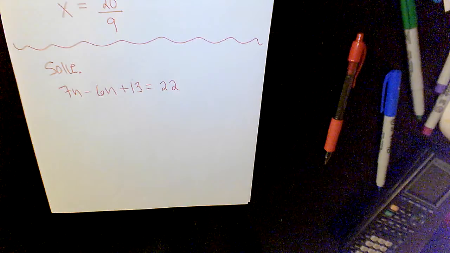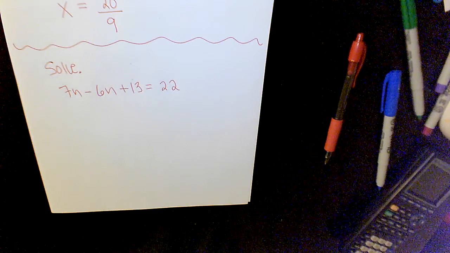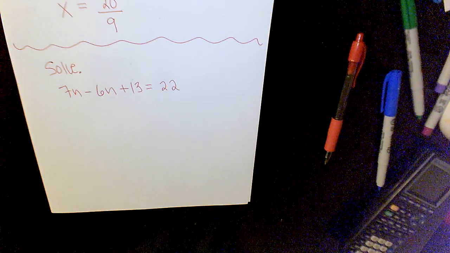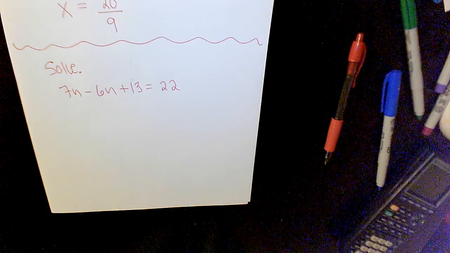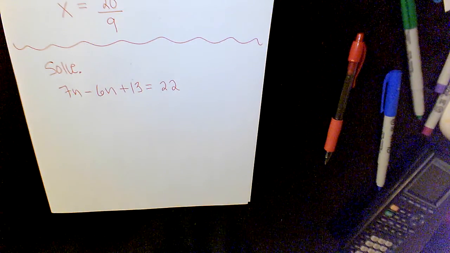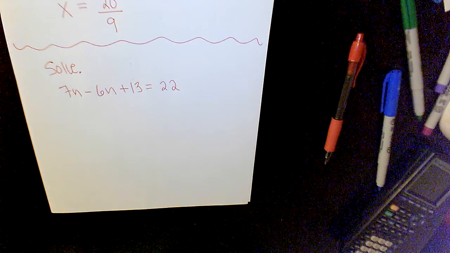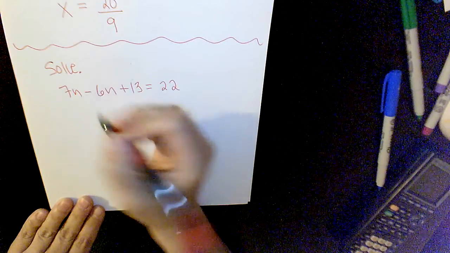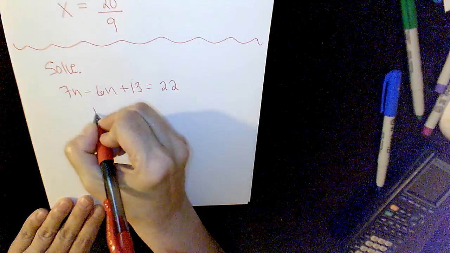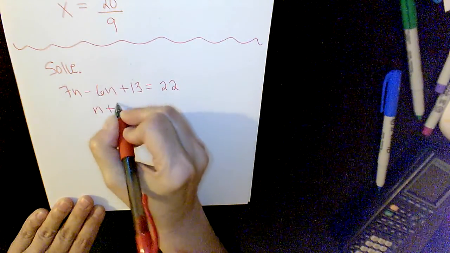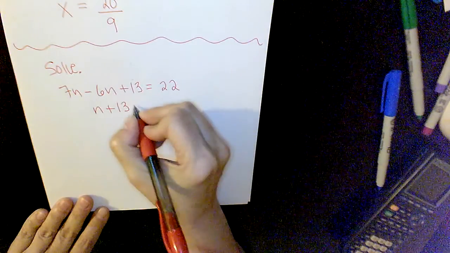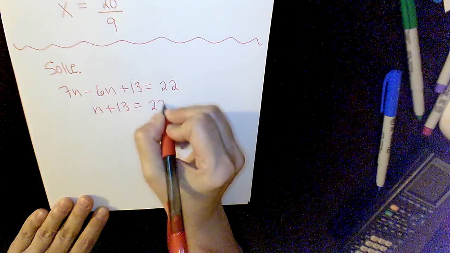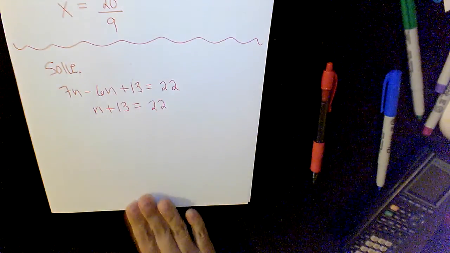Remember we talked about combining like terms? What's 7n minus 6n? Those n's match up. So what's 7n minus 6n? That's just 1n, or remember we said, I told you Hawks didn't like that, it's just an n. It means 1n. And I'm going to bring down the 13 and the equal 22.